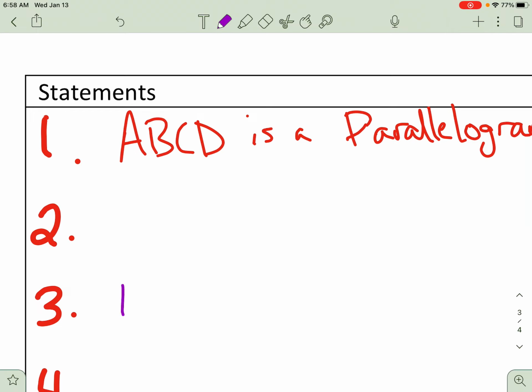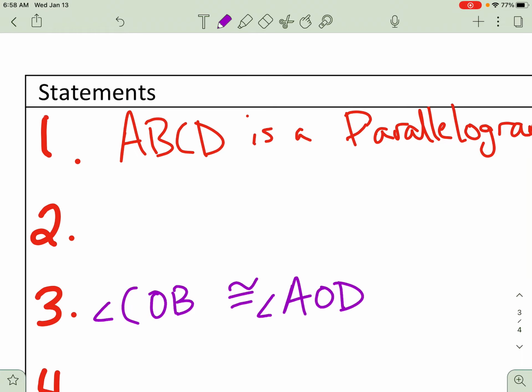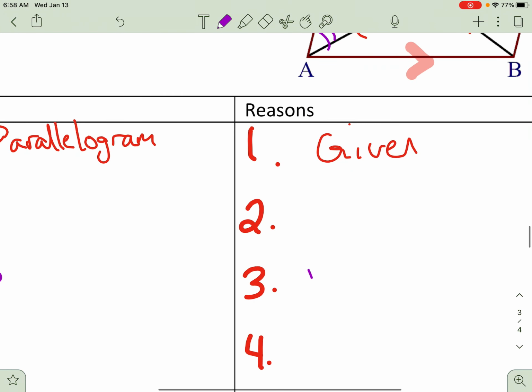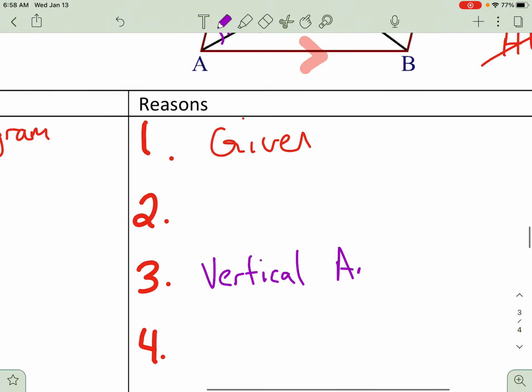Actually, before we even do that, let's put that down here for this one. So angle COB is congruent to angle AOD.